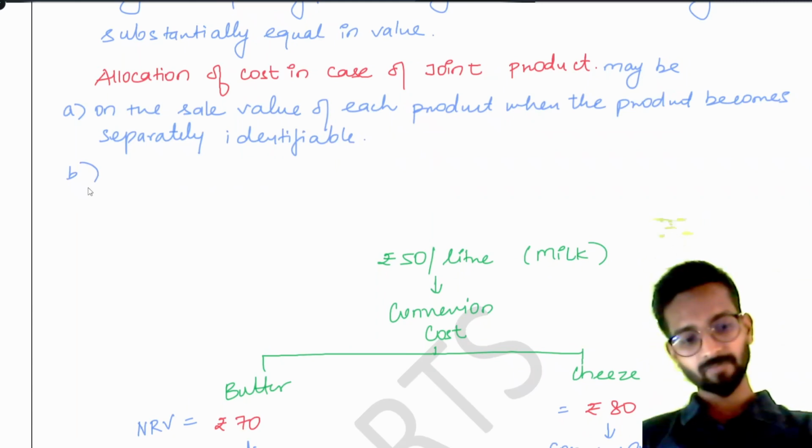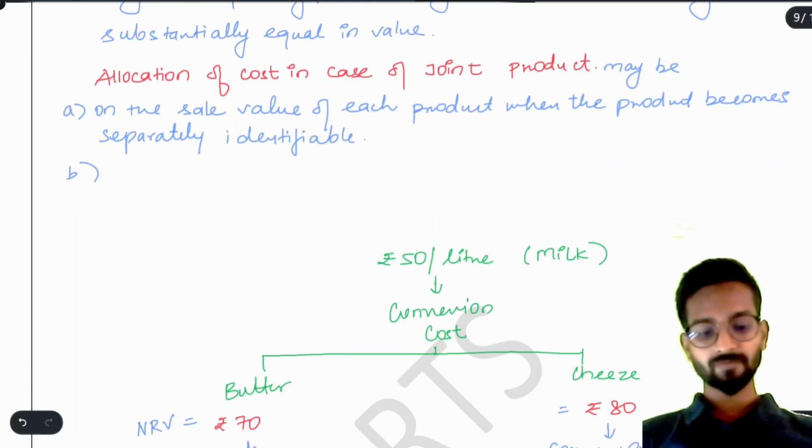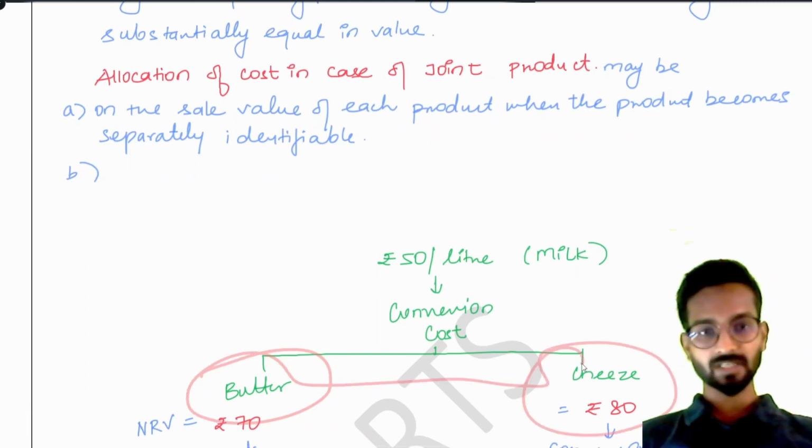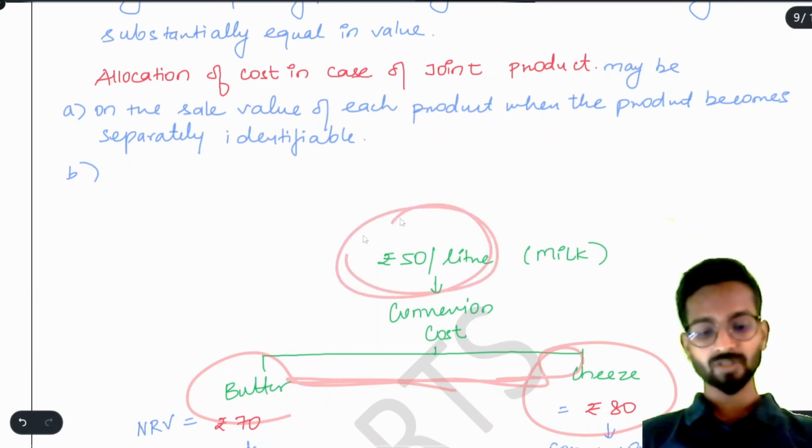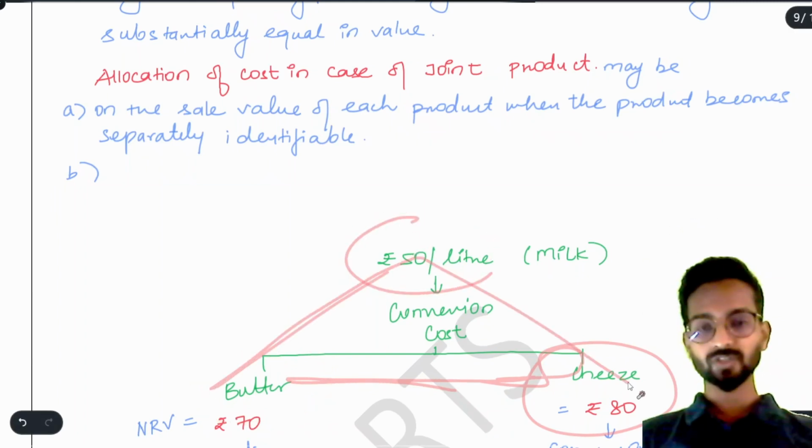Separately identifiable, when we achieve that, when butter and cheese can be separated. Obviously 7 is to 8 is your sale value. At that time, this 50 rupees cost can be bifurcated as 70 is to 80.